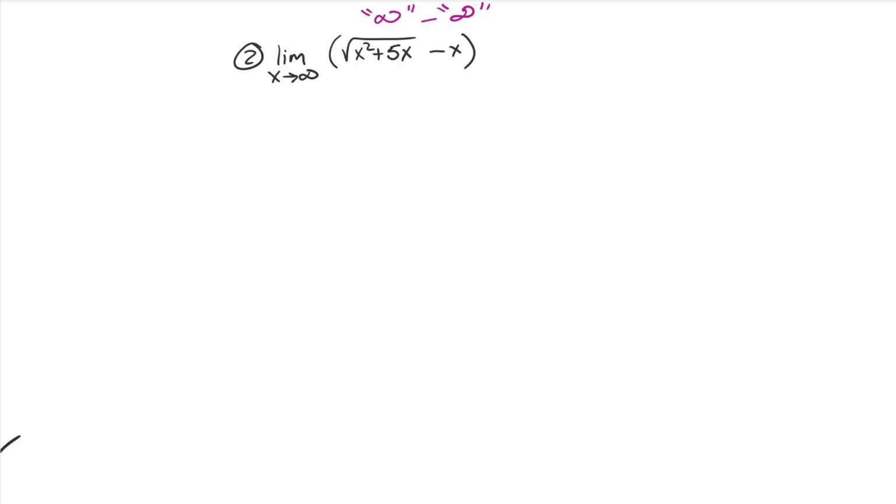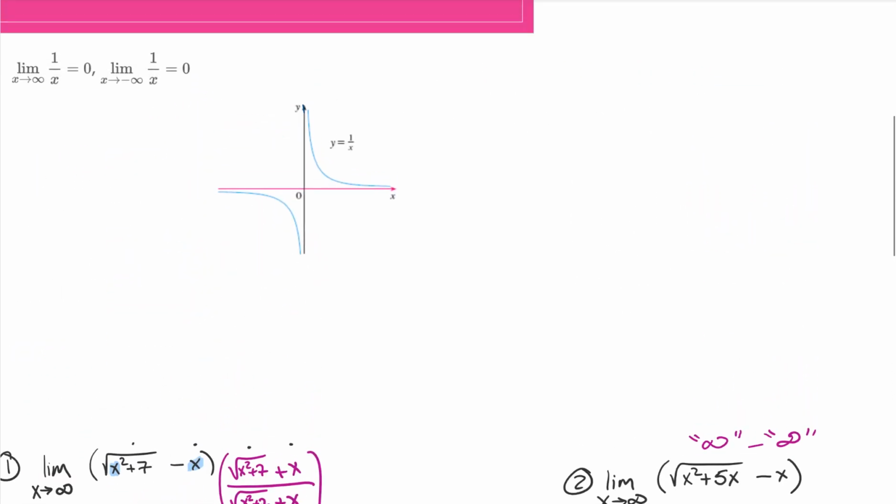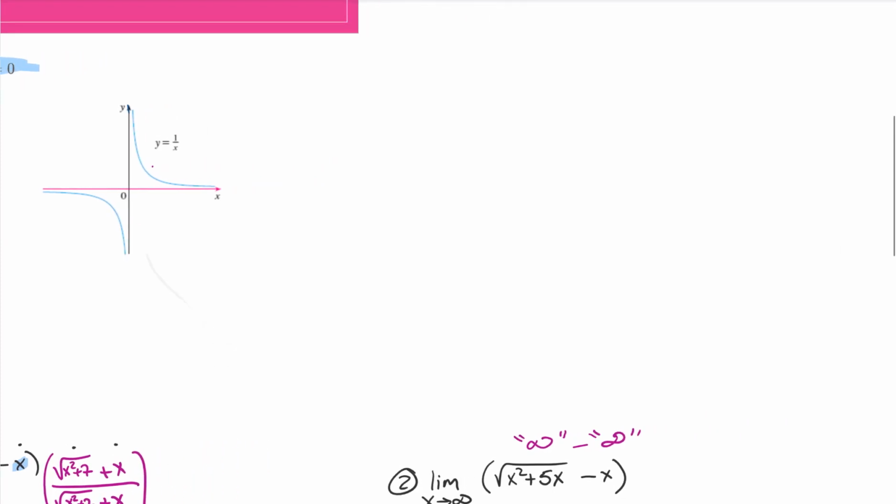You see infinity minus infinity, and you think, I need to create a fraction. Infinities like fractions. That's how we make things go away. This is what makes them go away, the 1 over x, this limit thing. This is the whole game. Sorry, I went back to it. I couldn't help it.